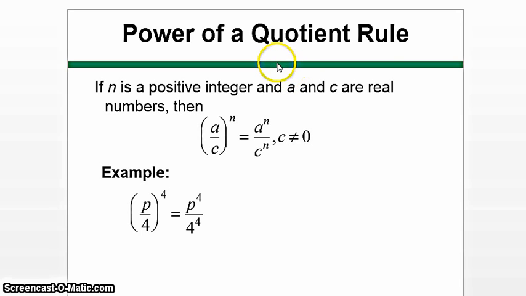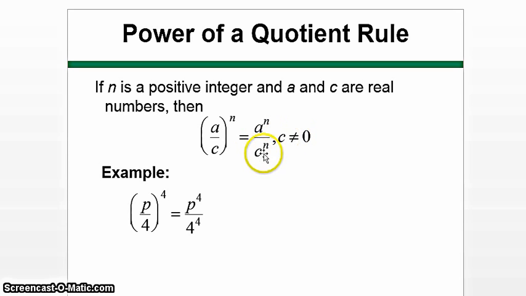Power of a quotient rule. If n is a positive integer and a and c are real numbers, then a over c whole to the power n equals a to the power n over c to the power n, provided that c is not equal to 0.